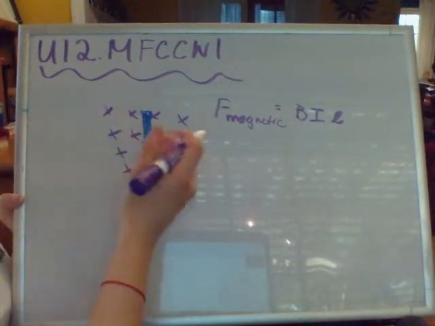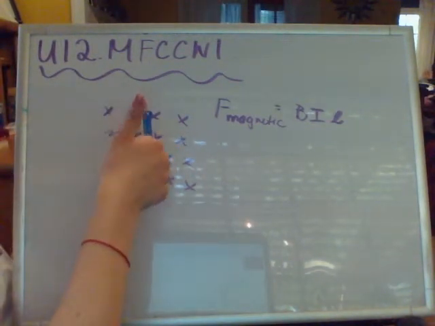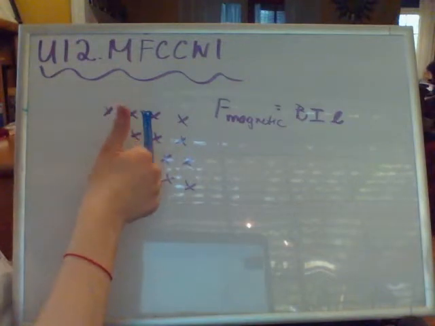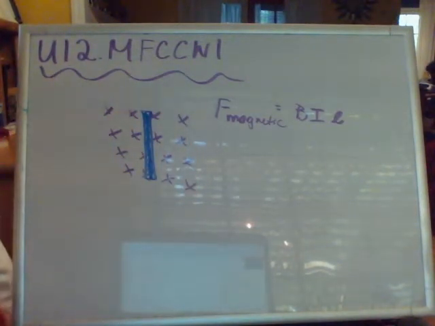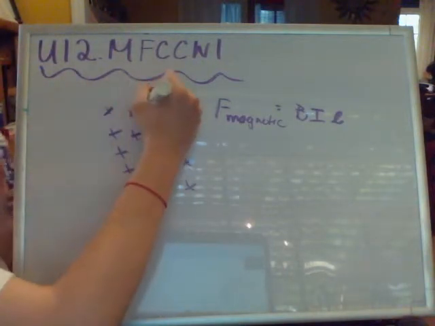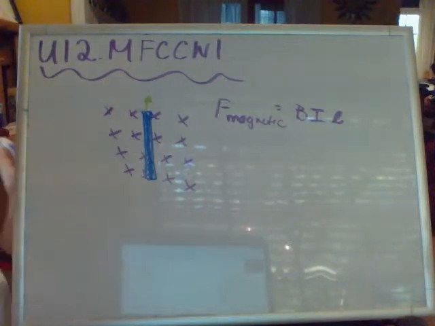And we can use the right-hand rule, which is basically you have the direction of the current. In this one, I'm going to do it in green, and the direction of the current is going to be going up through the wire.